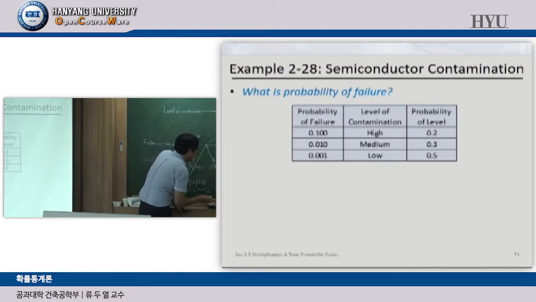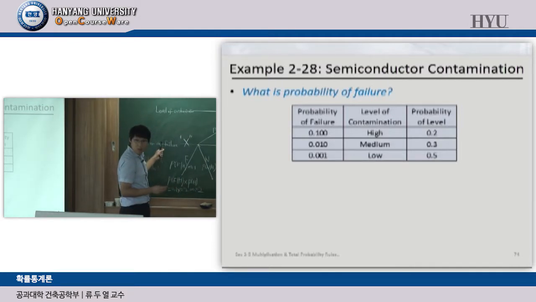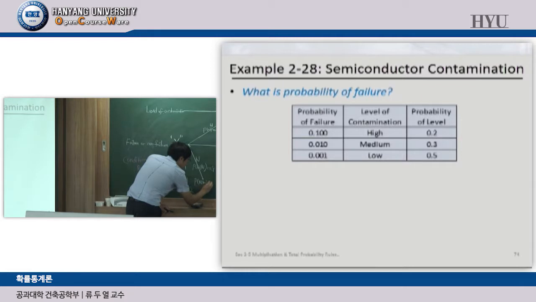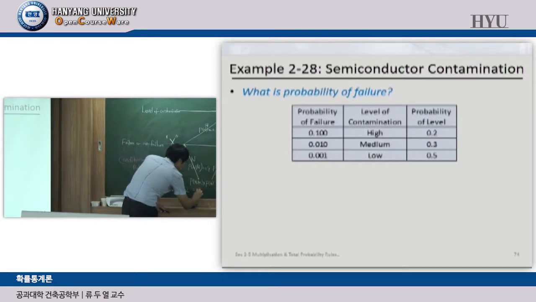The probability that there is no failure when the high level of contamination is obtained equals the conditional probability of N given H multiplied by the probability of H, that equals 0.9 multiplied by 0.2, okay? And that equals 0.18.